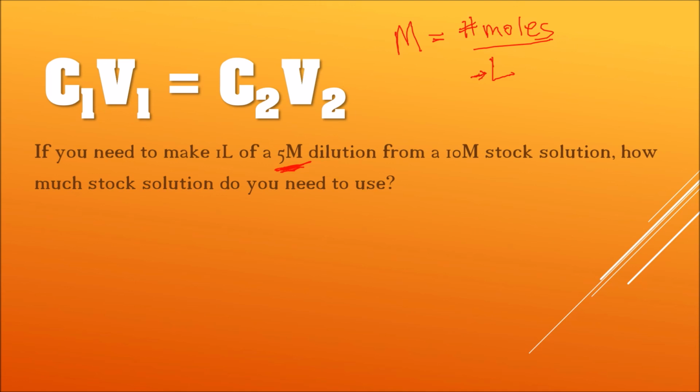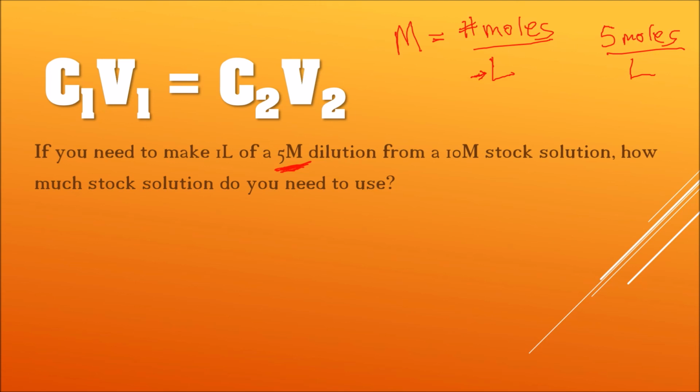It's always the number of moles per liter. It doesn't matter how much dilution you want to make, the measurement itself, the molarity, is 5 moles per liter. So this 5M dilution you want to make is going to have 5 moles per liter of the dilution.